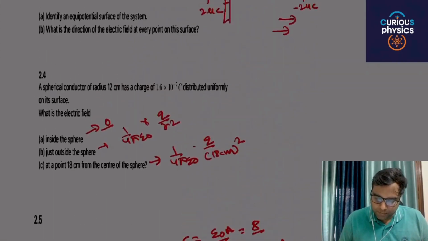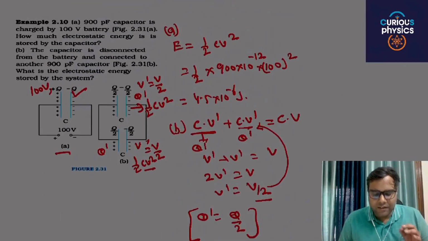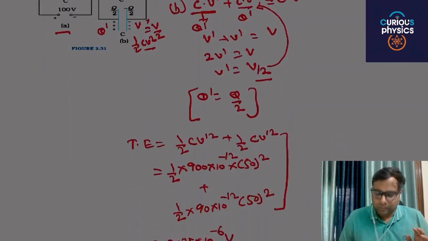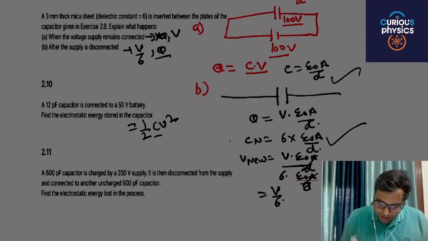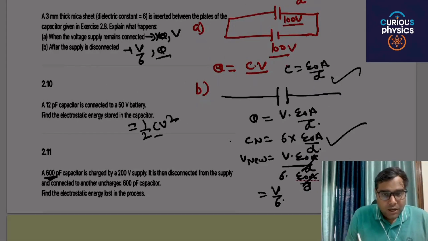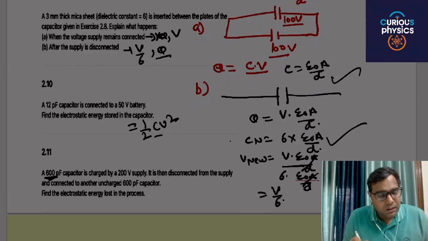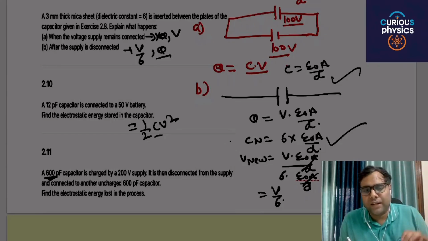Everything is the same, the only difference is that in that particular question the capacitance was 900 picofarad and the potential was 100. Follow the same steps and you will get your answer.